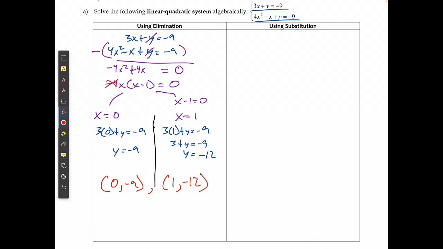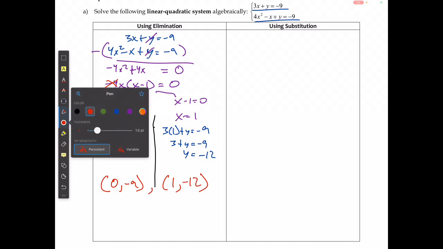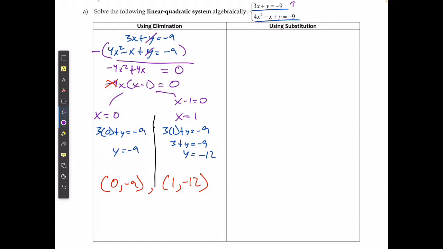If I'm using substitution, then I'm going to take my first equation and say that if 3x plus y is equal to -9, then that means that y is going to equal -3x minus 9.